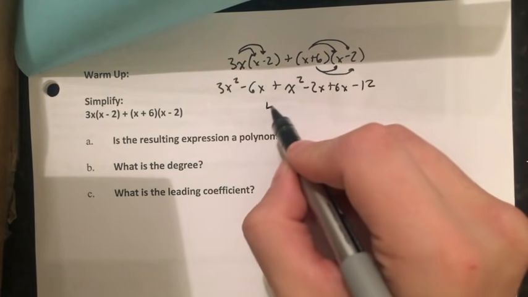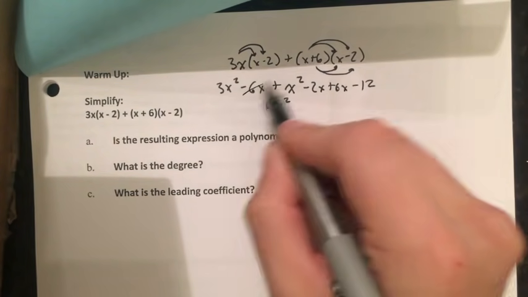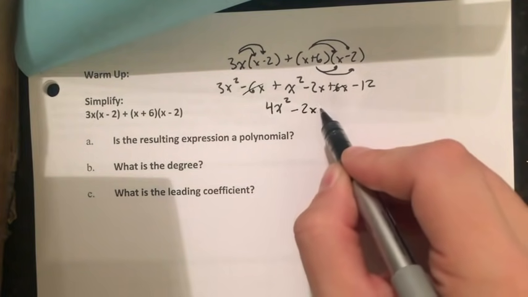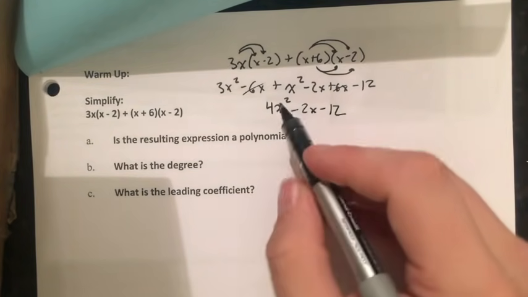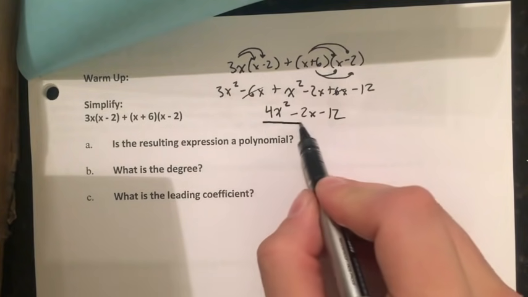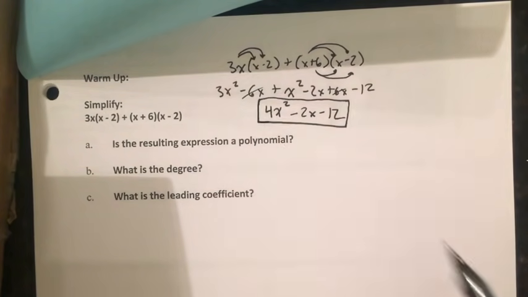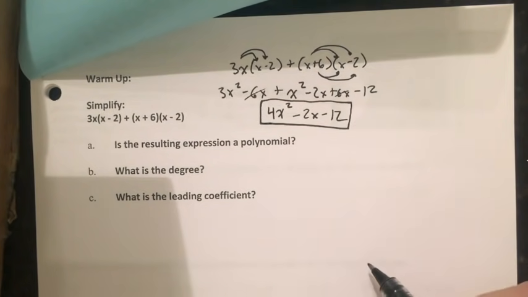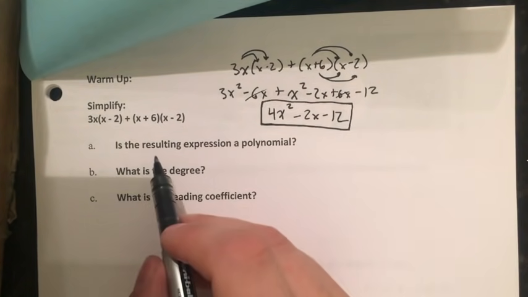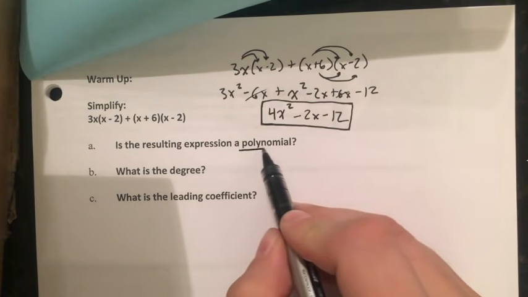And then I'm going to collect like terms. Those cancel. Minus 12. So we have the expression 4x squared minus 2x minus 12. Well, and then we get to the first question. Is the resulting expression a polynomial?